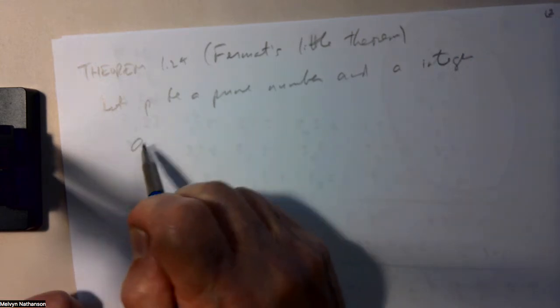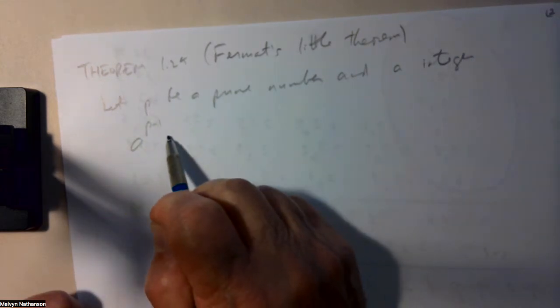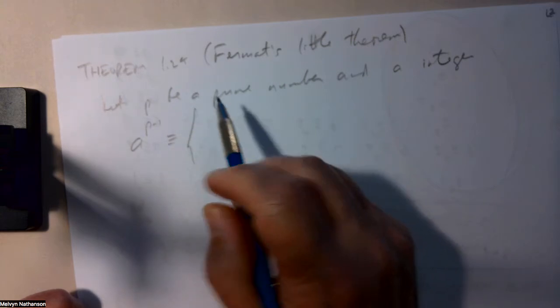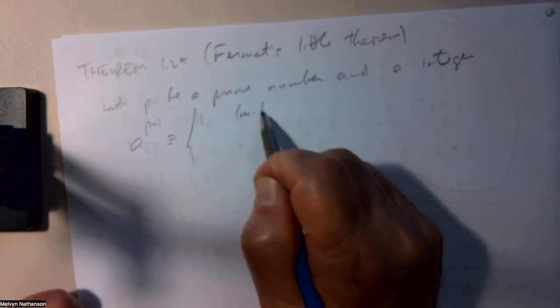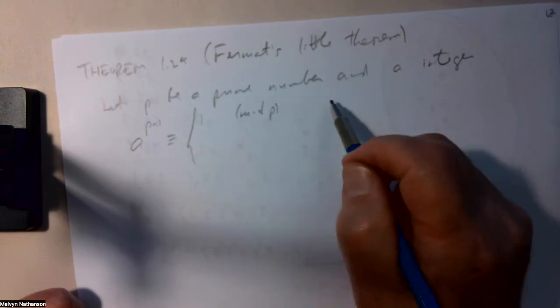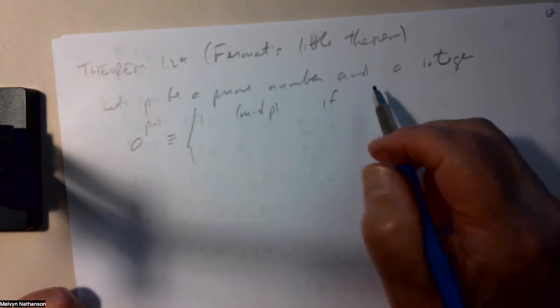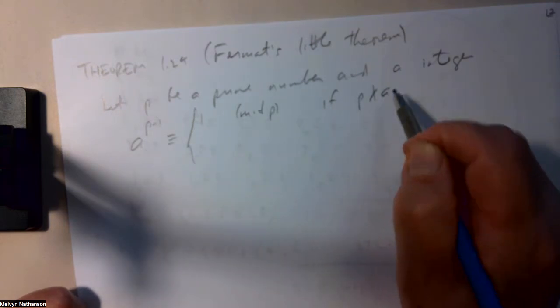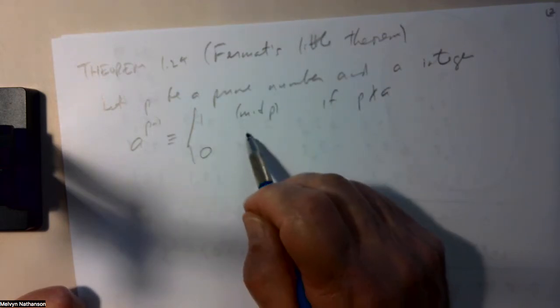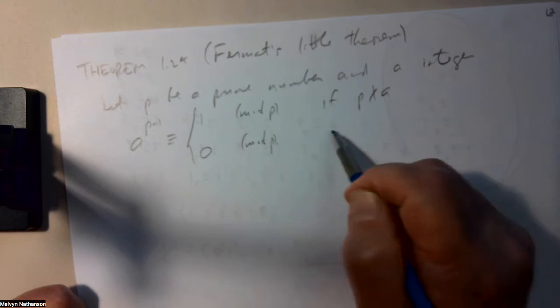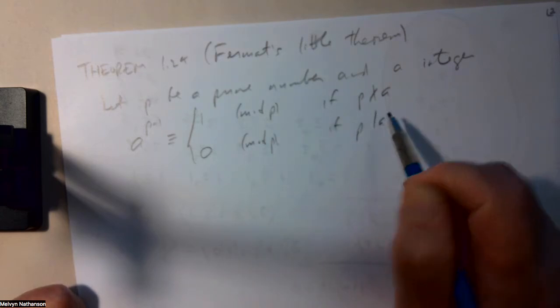If you take a to the power p minus 1, that is always congruent to 1 mod p if a is not 0 mod p, so if p does not divide a, and it's 0 mod p if p does divide a.